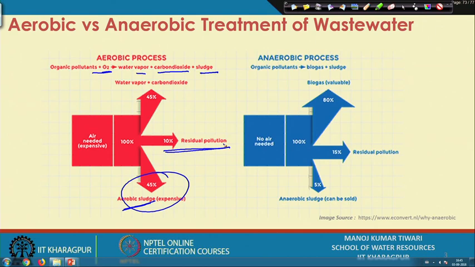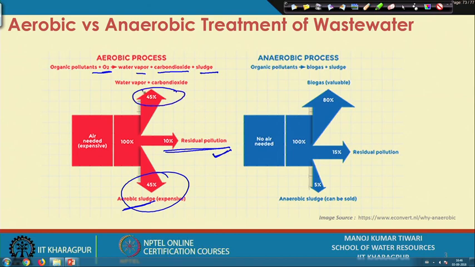If, say, 100 milligram per liter BOD is coming in, you probably will be able to remove 90 and 10 will go to the effluent. This is the residual pollution going along with the effluent, and what is removed is distributed in water vapor and carbon dioxide.